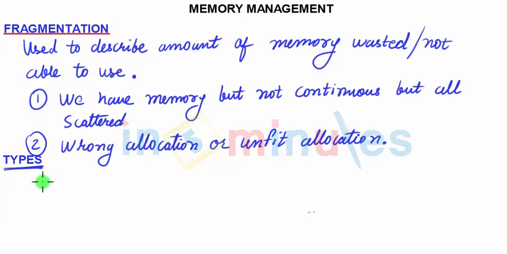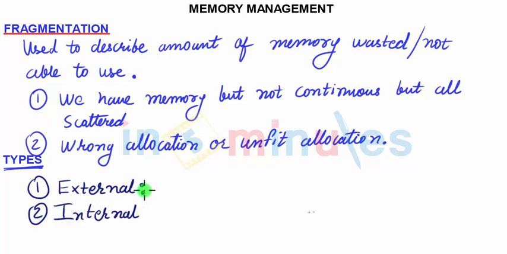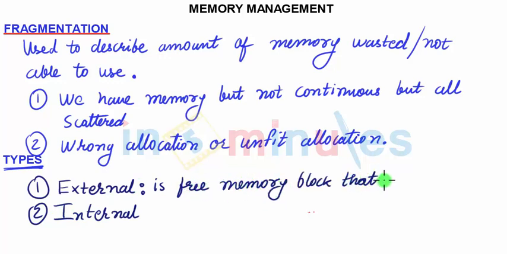We have two types of fragmentation: first external, second internal. External is a free memory block that is not assigned, rather not used.